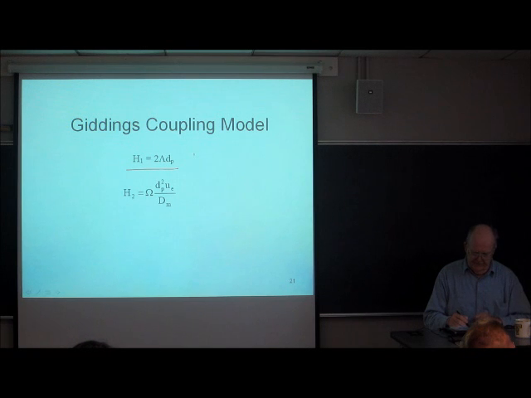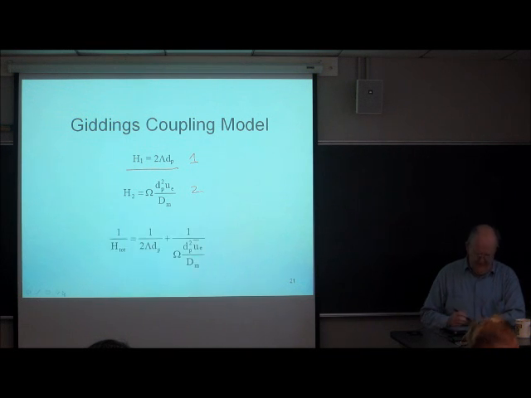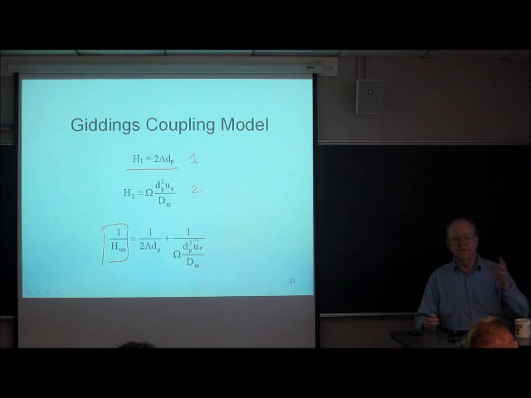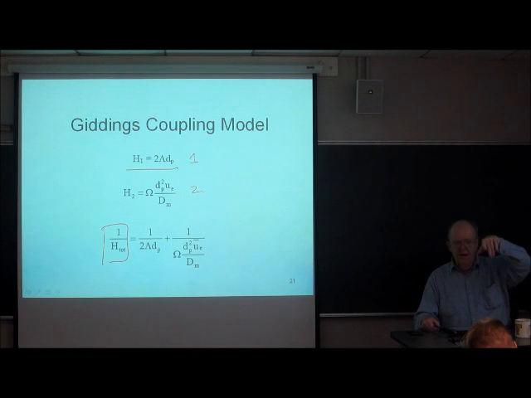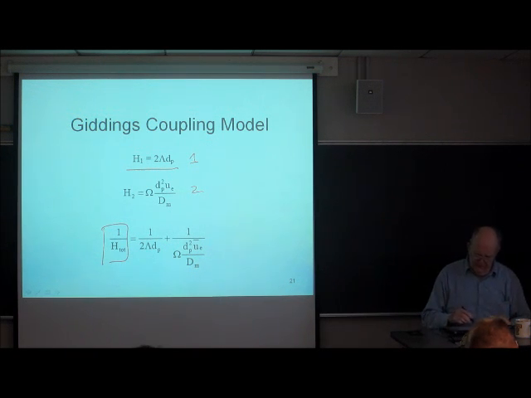So this is mechanism 1, this is mechanism 2, and I'm going to combine them so the total resistance of two resistors in parallel, 1 over R total, is equal to 1 over R1 plus 1 over R2. So that gives you this.